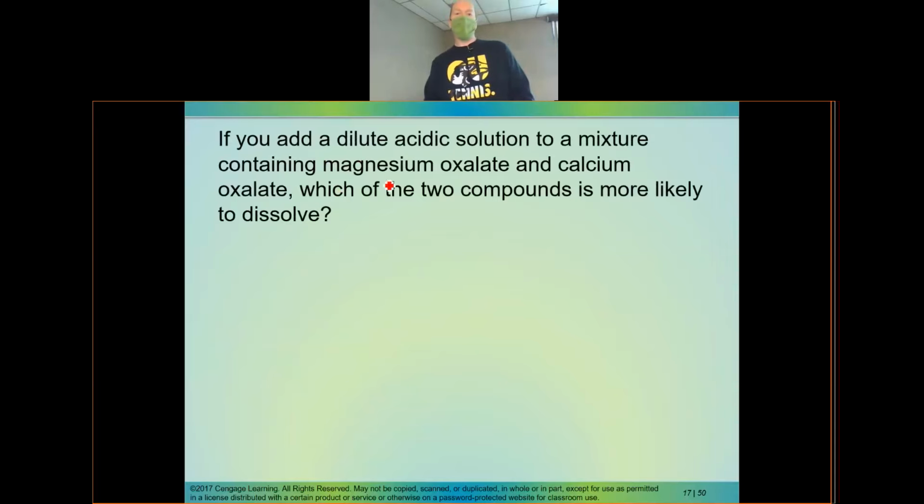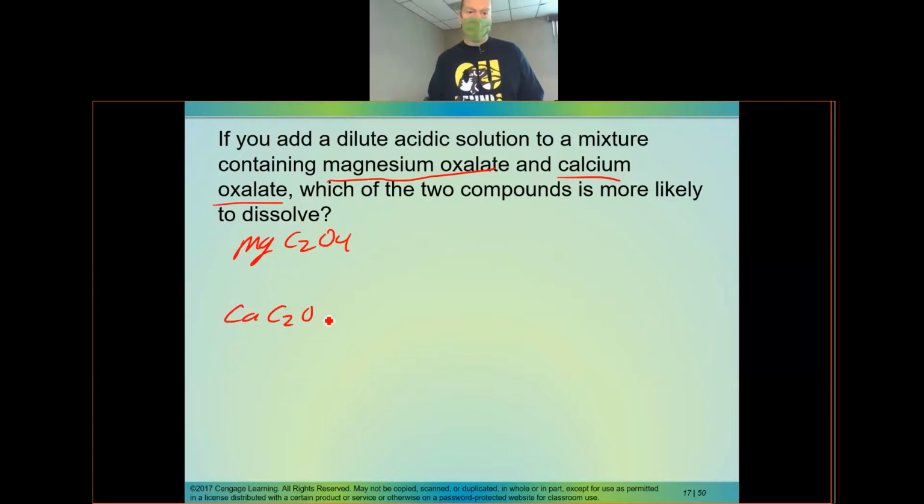All right, so if you add acid to a mixture that contains magnesium oxalate and calcium oxalate, which of the two compounds is more likely to dissolve? All right, so this is when you have MgC2O4 and you have CaC2O4. We have our Mg plus 2 and we have our C2O4 minus 2.